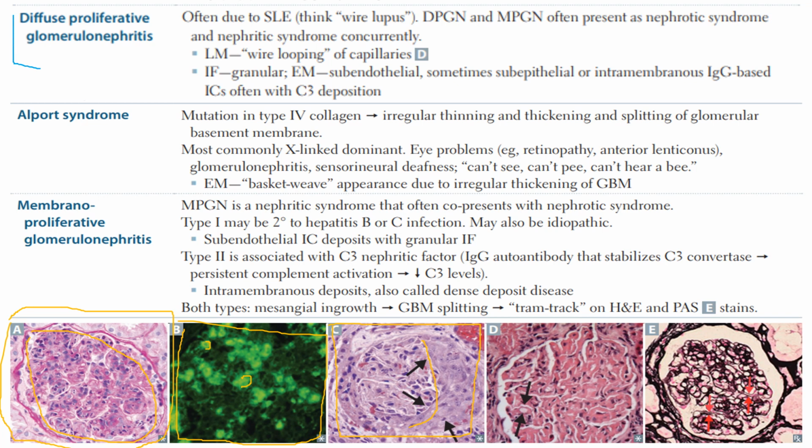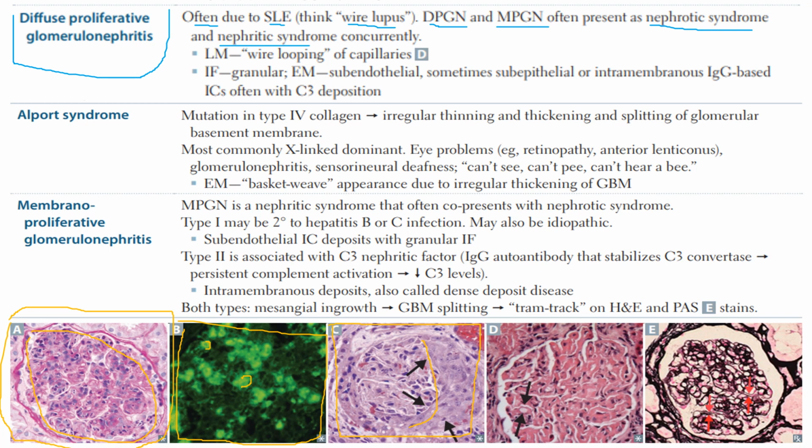Diffuse proliferative glomerulonephritis is often due to SLE, systemic lupus erythematosus. This is like a wire loop lupus. Membranoproliferative glomerulonephritis often presents as nephrotic syndrome and nephritic syndrome concurrently.